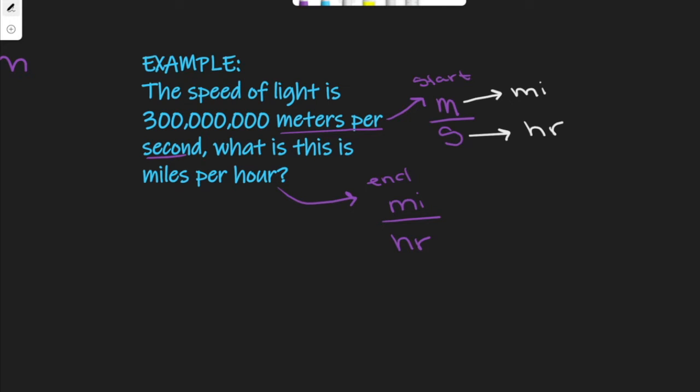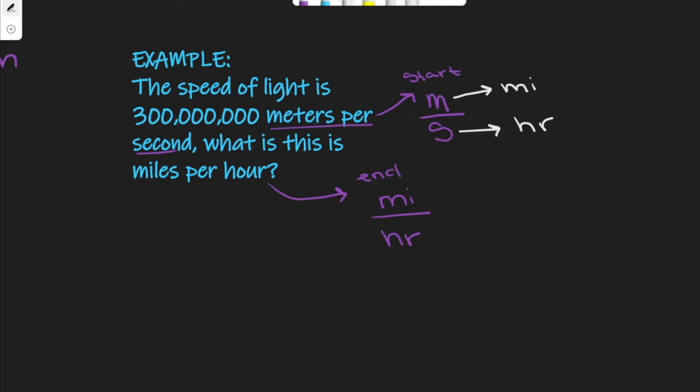Now let's go ahead and do a little bit of pre-problem brainstorming off to the side. Let's think about what conversion factors we're going to be using to convert meters into miles. You want to pull out your conversion sheet that we saw in the last video to help us do this. So the first thing that we realize is that we need to get from meters into miles.